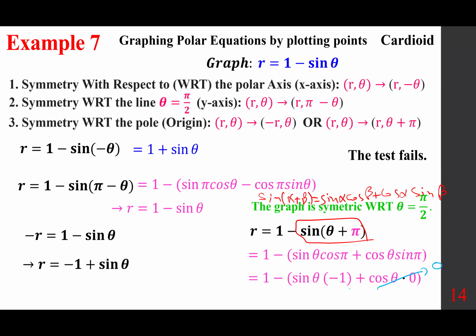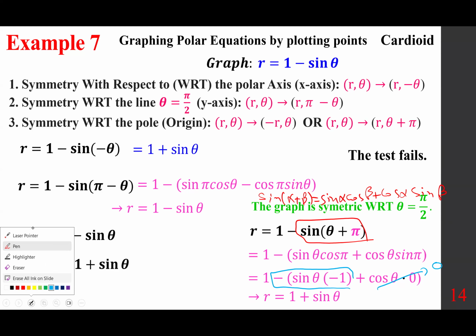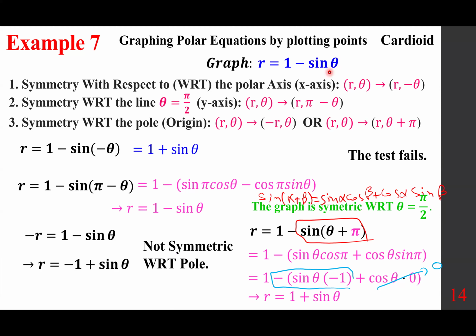This goes to 0. This goes to plus sine theta. Check it with the original one. Are they identical? No, it's not symmetric with respect to the pi. Just in case. So it's symmetric with respect to the line theta equals pi over 2, or the y-axis.